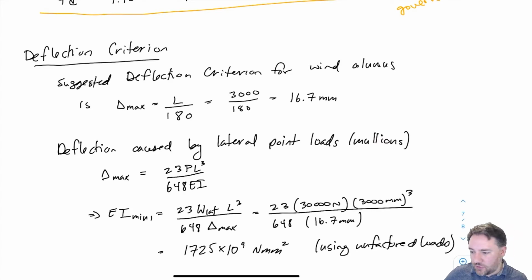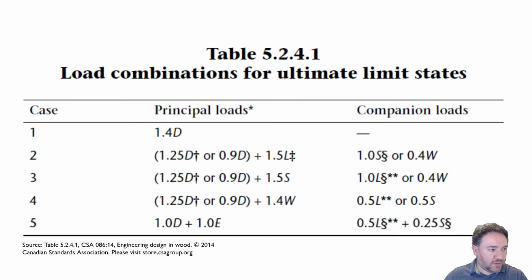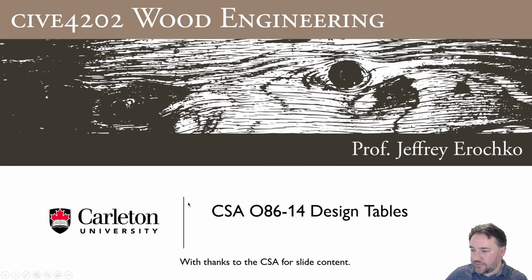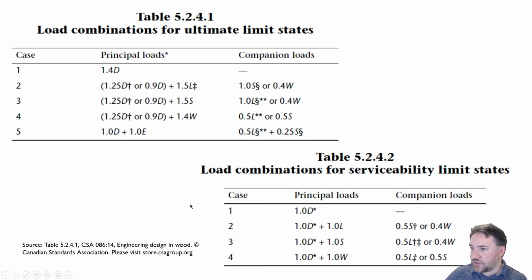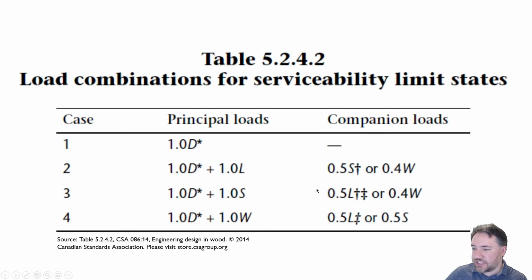So what do we get for the effect of the vertical load times the eccentricity causing bending? We would use our table for serviceability limit states, which looks like this. And we're going to use, basically, the W that is the one that causes bending in the same direction as this bending.